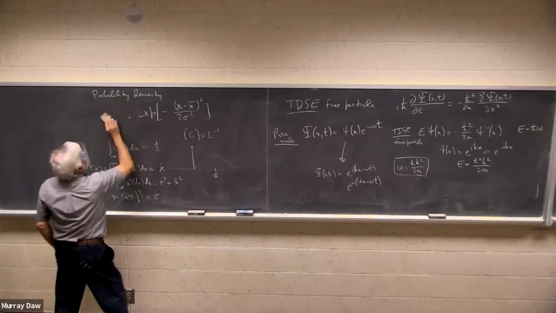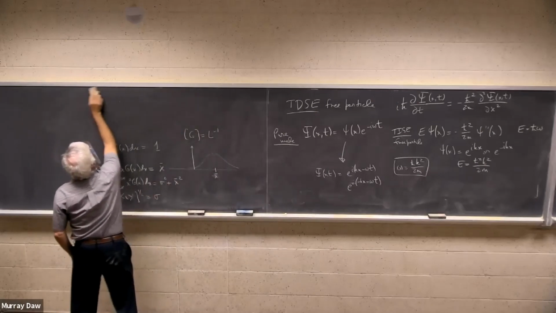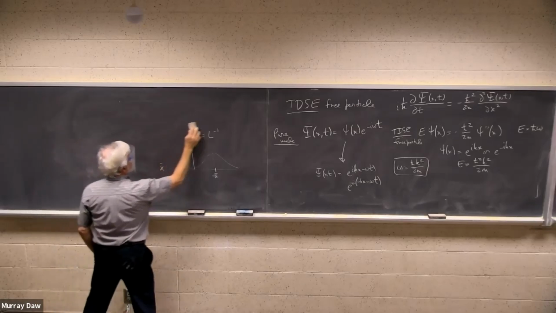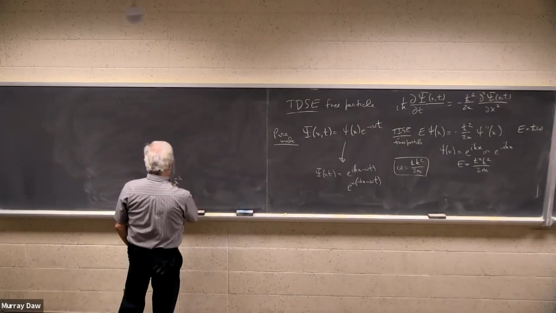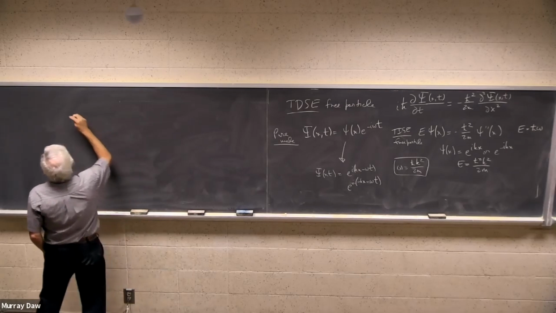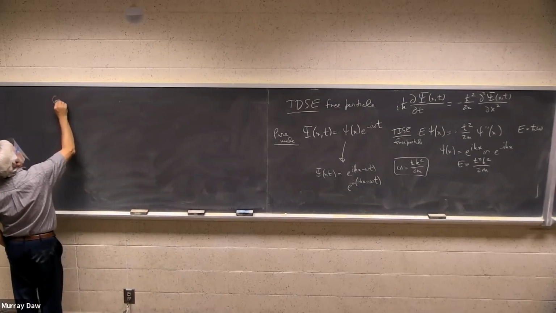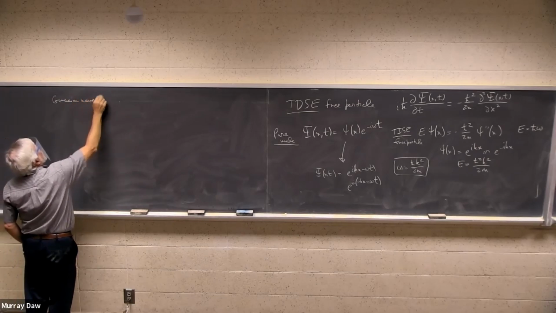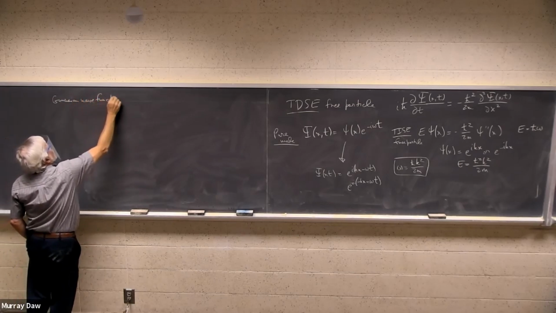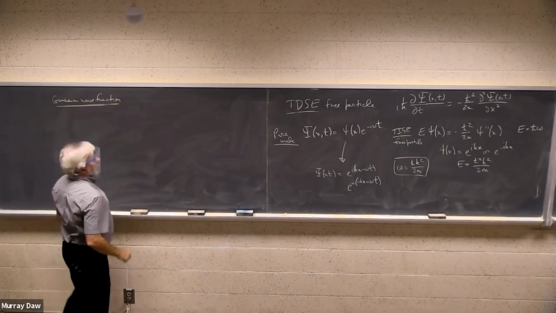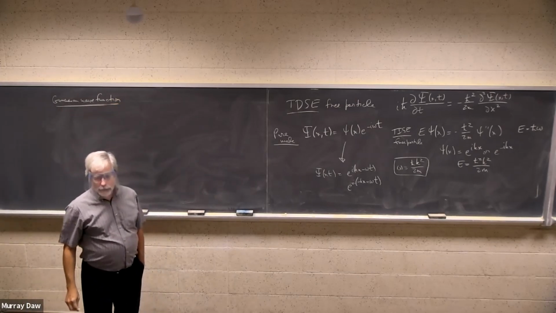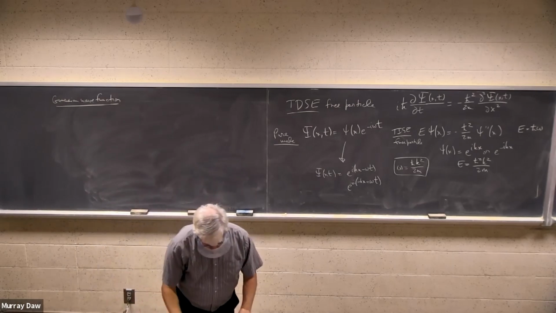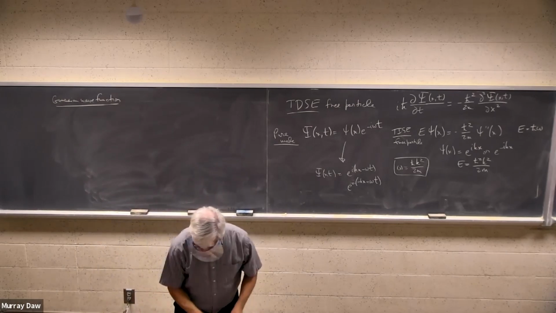But we're going to find a wave function that gives a Gaussian probability distribution, which is commonly used in quantum mechanics in various circumstances. So we're going to have what's called a Gaussian wave function. It's a Gaussian-like solution to the time-dependent Schrodinger equation, and it corresponds to a free particle. You're going to look at that.